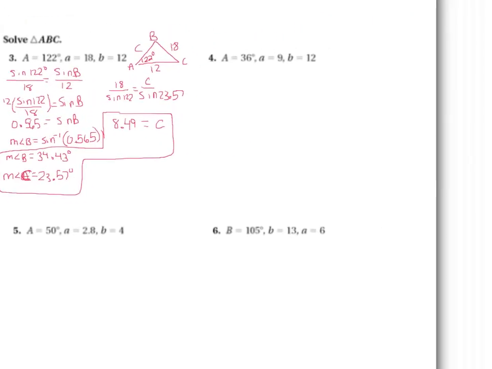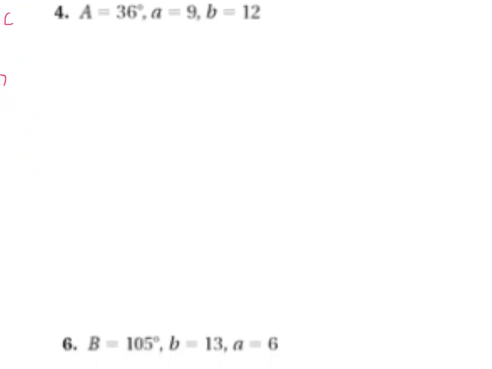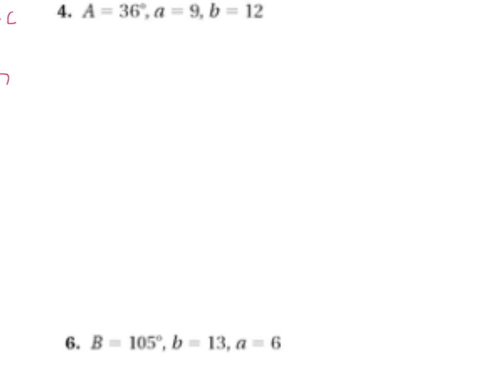Or follow my steps here. Okay. So again, draw a triangle: 36 degrees, 9, 12, C. So we have to find B first again.